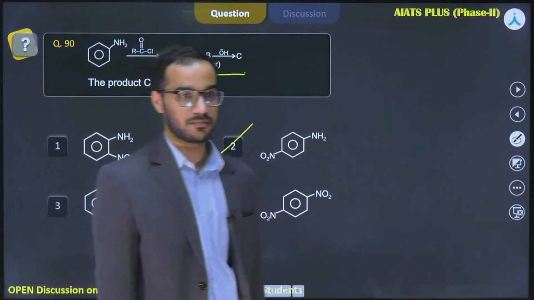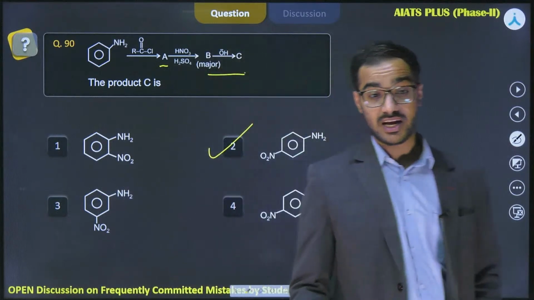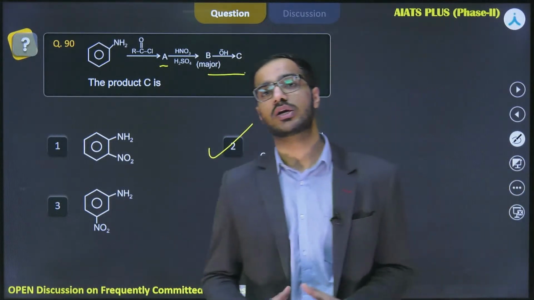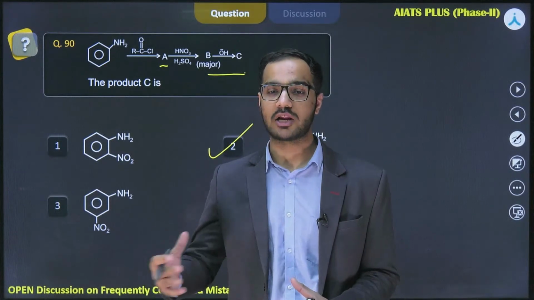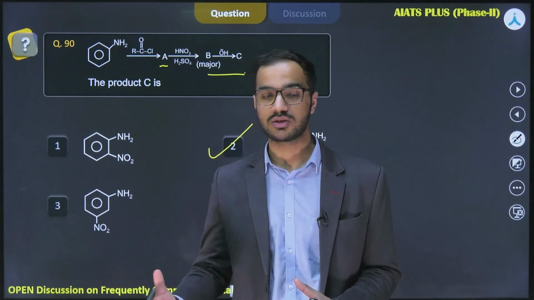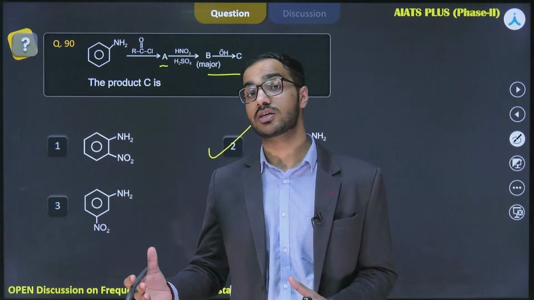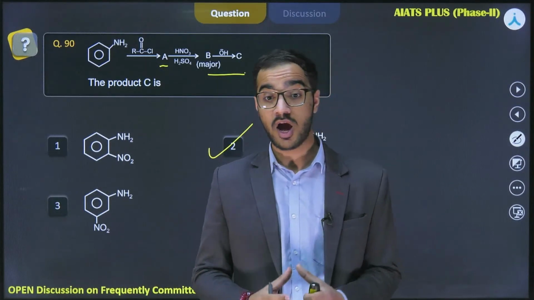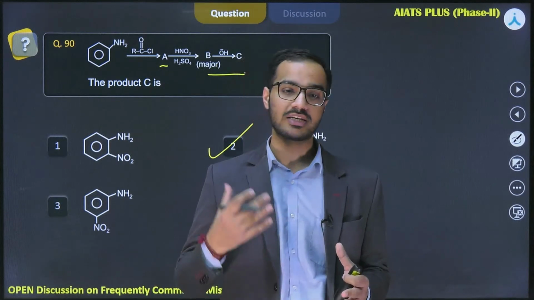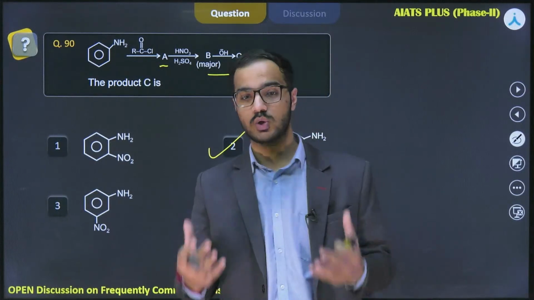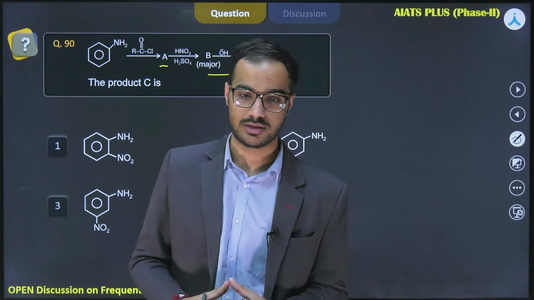Very good. So these are the questions which were asked in your test regarding the chapters alcohols, phenols, ethers, aldehydes, ketones, carboxylic acids, as well as amines. Now it's up to you guys. Do you have any kind of confusion or doubts? I am here, you can discuss it.